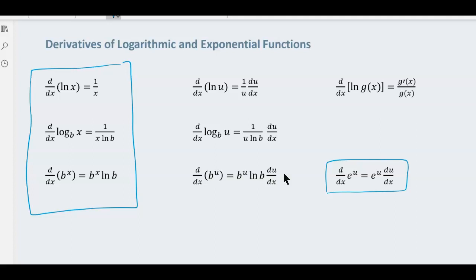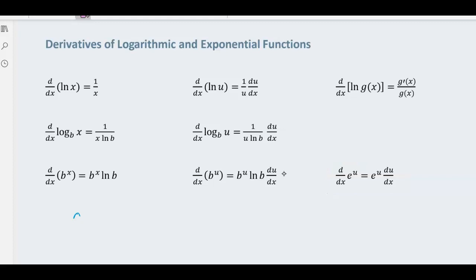But everything that's to the right of that first column are extensions of these derivatives taking the chain rule into account. So if we look at, let's say, this first one here, the only difference here is that we're not taking the derivative of a function that has an x in it.